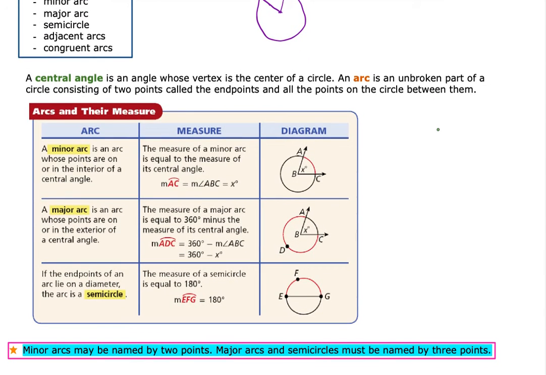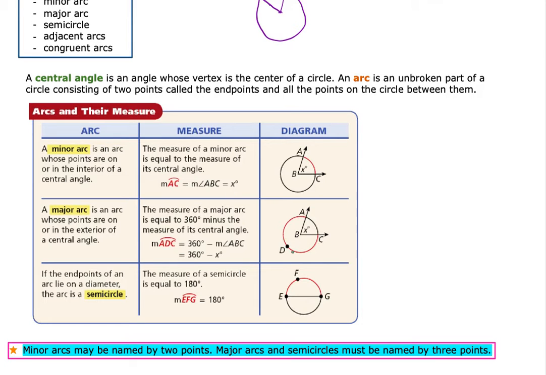A minor arc is an arc whose points are on or in the interior of a central angle. A major arc is an arc whose points are on or in the exterior of a central angle. So outside here is a major arc. A minor arc, you only need 2 points to name it, like measure of arc AC is x degrees.